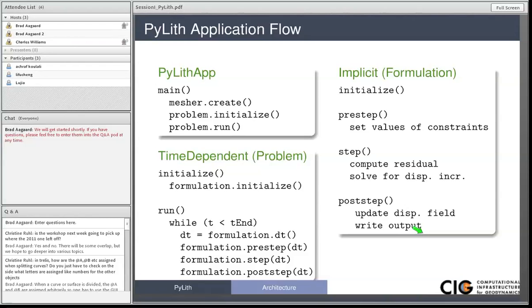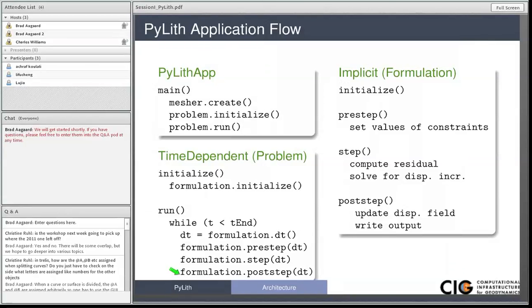And there's simply a loop that says, while I have not reached the end of my time, give me the time step that you want me to use. Then do a pre-step part for setting up the move forward on the time step. Then advance the time step in the formulation.step. And then perform post-step actions, such as updating our state variables as well as writing output.